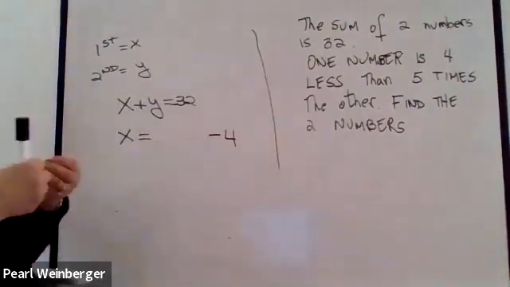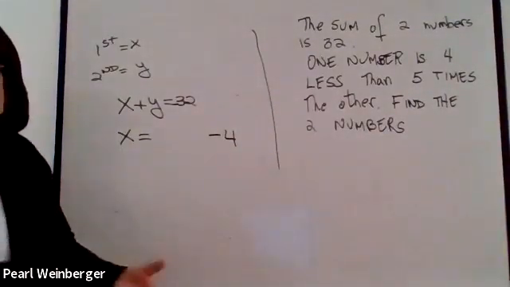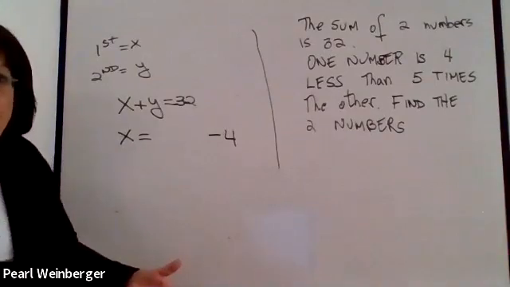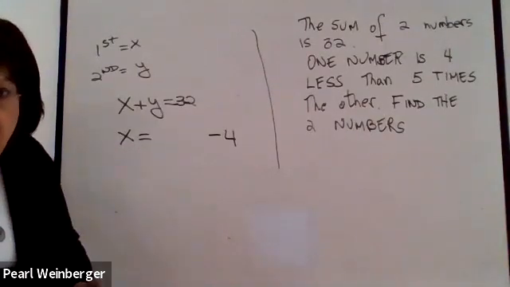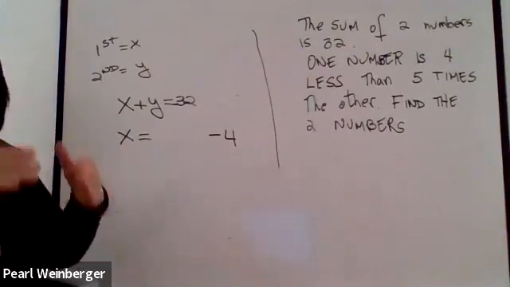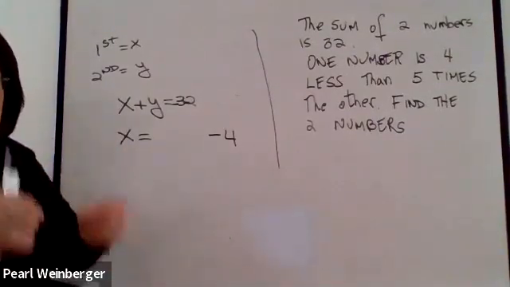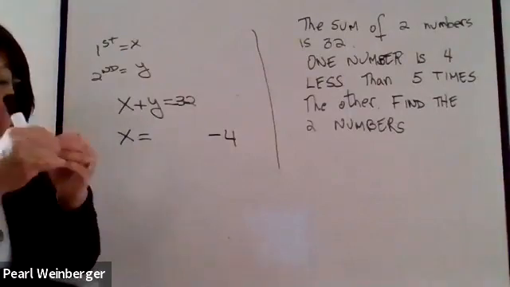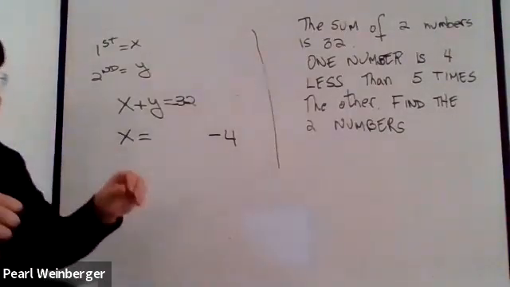When I say 4 less than 20, I don't do 4 minus 20. I do 20 minus 4. 4 less than 20 means that the 4 is the thing that's being subtracted.